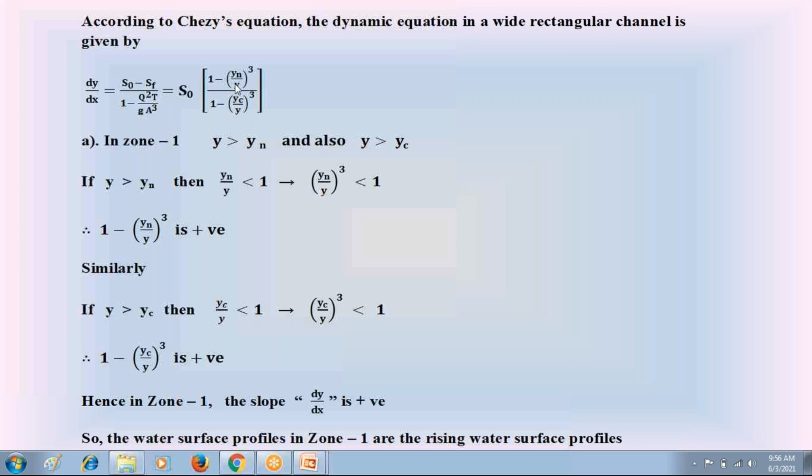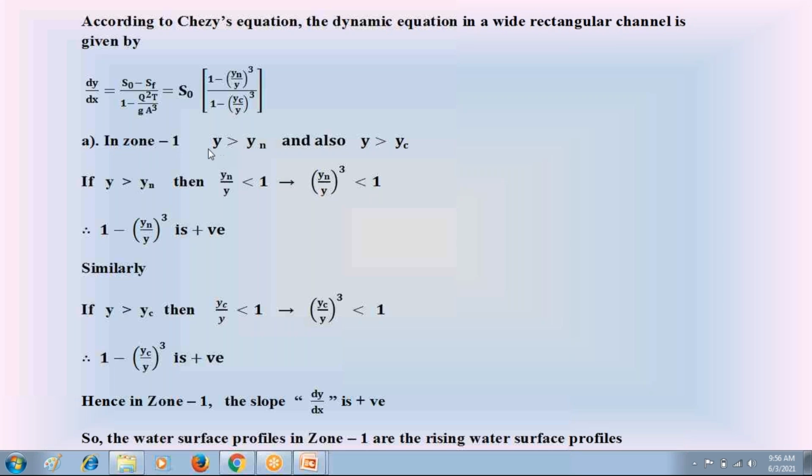I am going to explain what is this dy by dx in zone 1. So please everyone understand this carefully and also note down in the notes. We are going to discuss what is this dy by dx, either positive or negative, in zone 1. Coming to this zone 1 in the open channel, I explained a number of times.